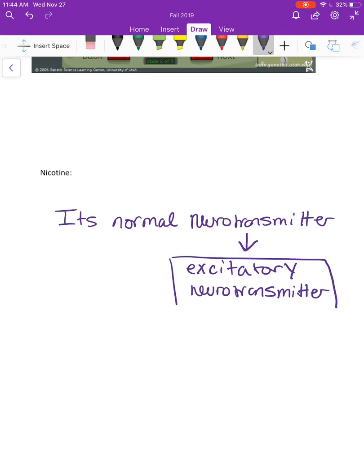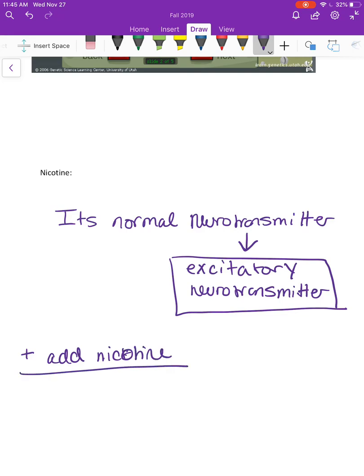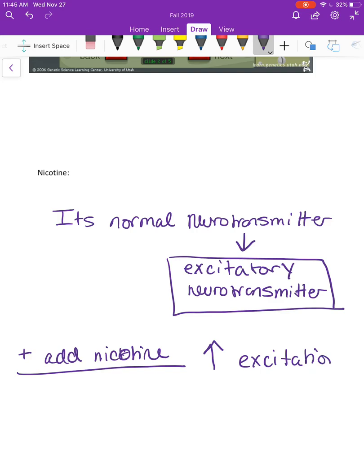Okay? So when you add more nicotine, right? When you add nicotine, you are enhancing the excitation, right?